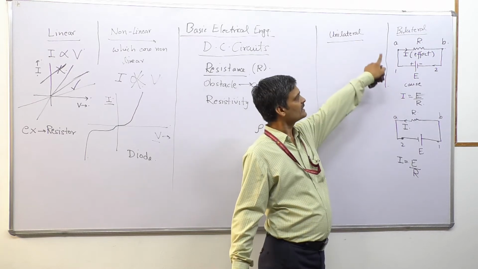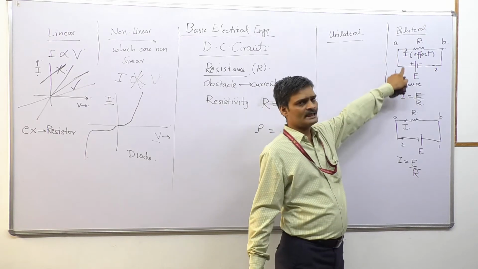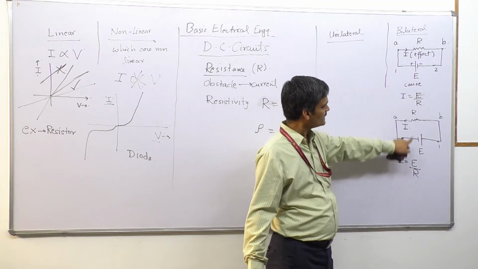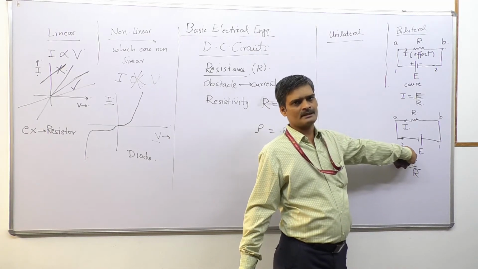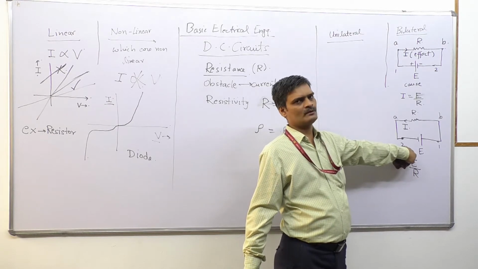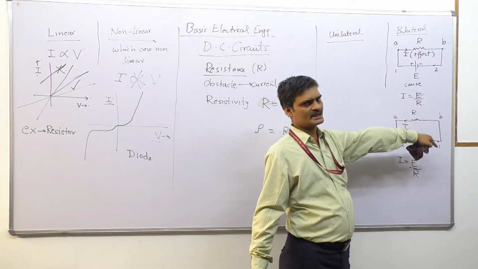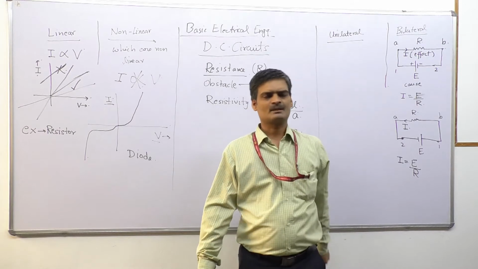So now we can define bilateral elements completely. Such elements in which reversing the direction of cause does not change the magnitude of the response, or the effect, are said to be bilateral elements.